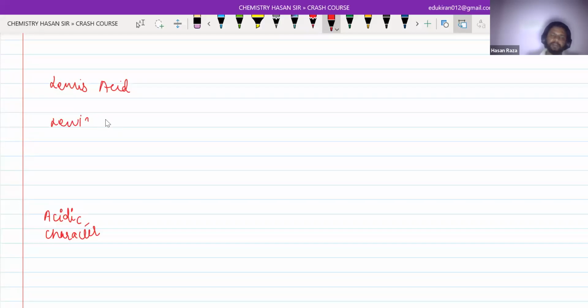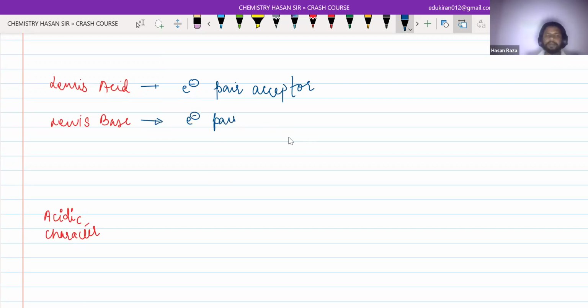What is Lewis acid? You have studied this in previous classes. Lewis acid is the one which is an electron pair acceptor, and Lewis base is the one which is an electron pair donor. So the one which donates electrons is called Lewis base, and the one which accepts electrons is called Lewis acid.